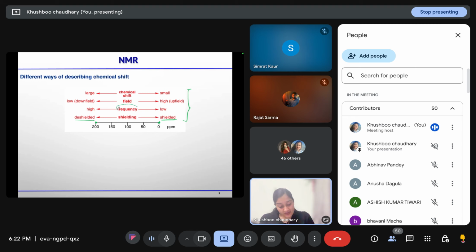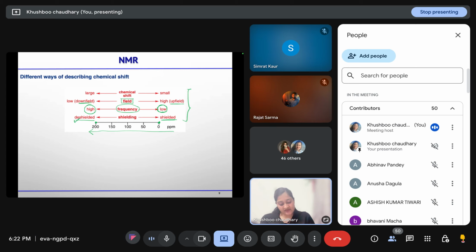Then, what about frequency? As we are moving from 0 to 200, the frequency is increasing. So this is the low frequency region near to 0, and this is your high frequency region near to 200. If we are talking about field, we will call the shielded region upfield, and the deshielded region downfield.